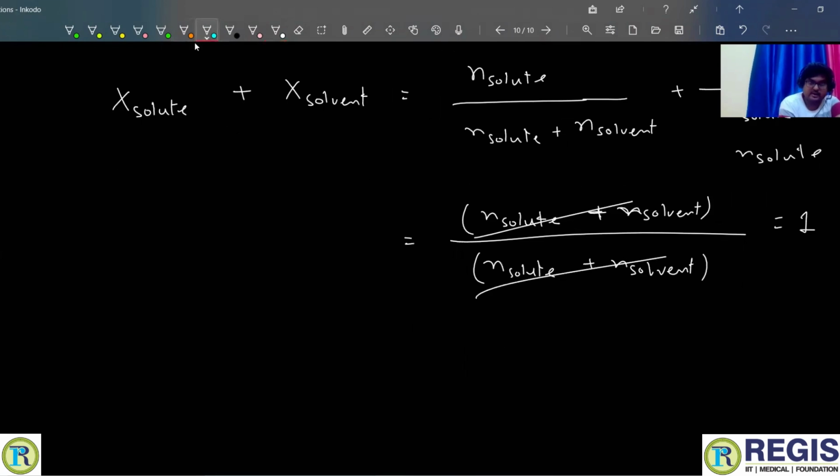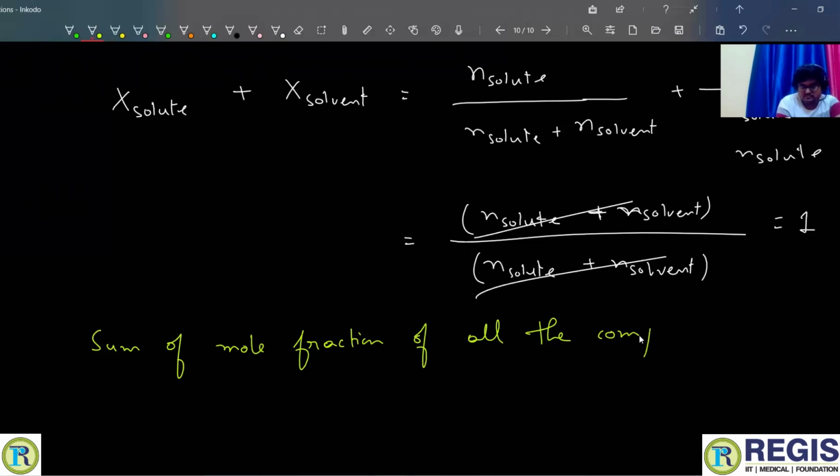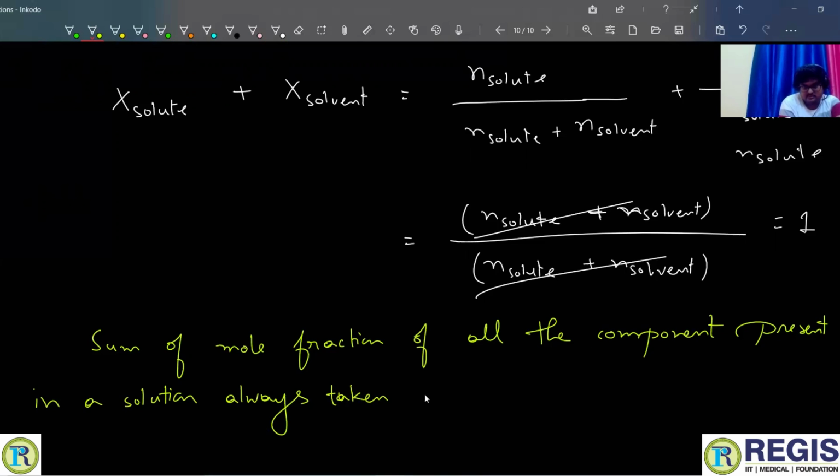Okay, so just write down this point: the sum of mole fractions of all the components present in a solution is always taken as unity.